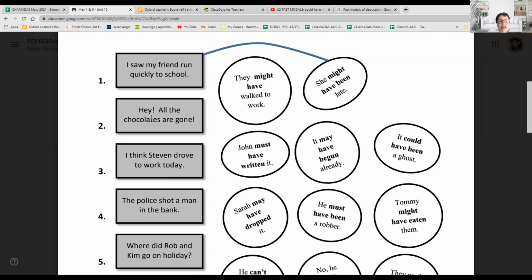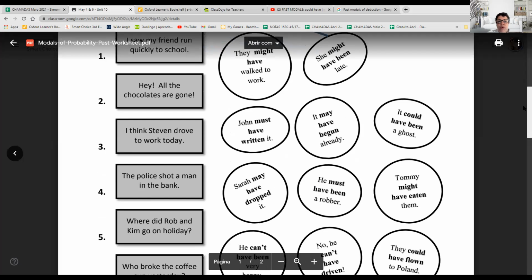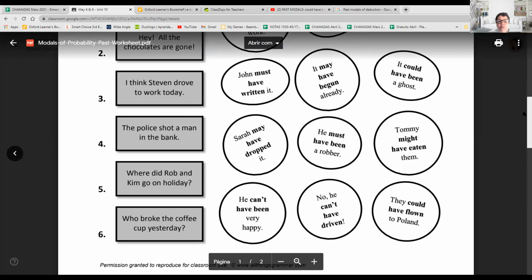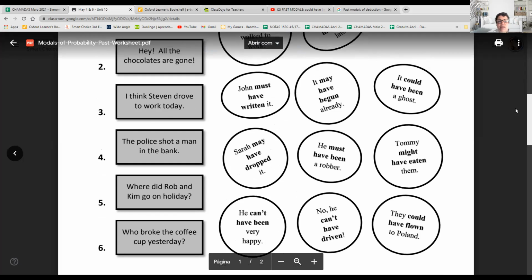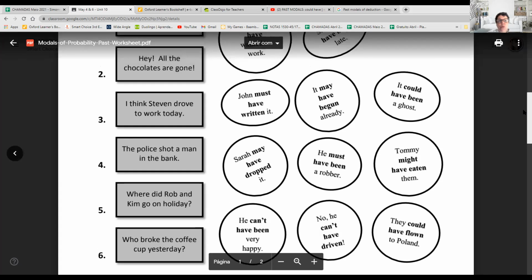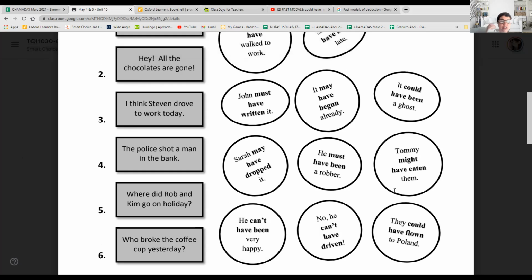Next one. Hey, all the chocolates are gone. So which one here do you think is the best complement for this half? When I say all the chocolates are gone, let's see something related to eating chocolate in the circles.